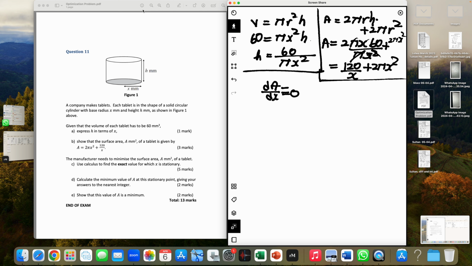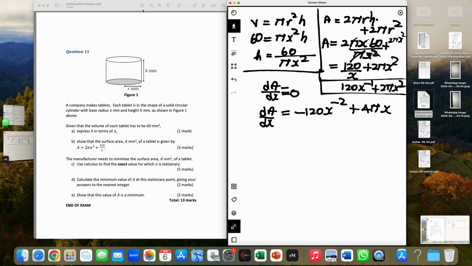First, 120 over x, you can write it as 120 x power minus 1, it will be a little better, plus 2 pi x squared. So for stationary, first differentiate, dA by dx is equal to minus 120 x power minus 2 plus 4 pi x.